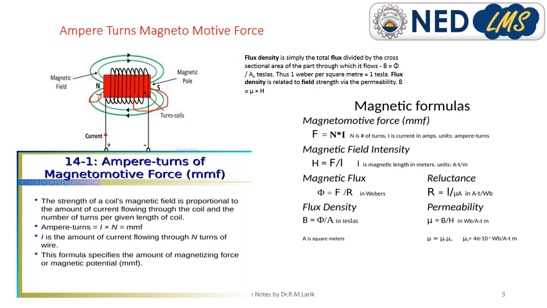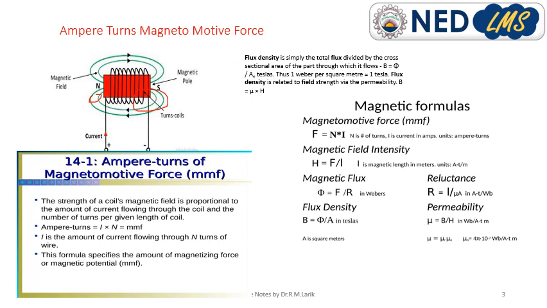Similarly, flux density is simply the total flux divided by the cross-sectional area of the part through which it flows. The unit of flux is Webers. Later on, we study the BH curve, in which we monitor what the flux density is, what the magnetic field strength is, and how they behave.